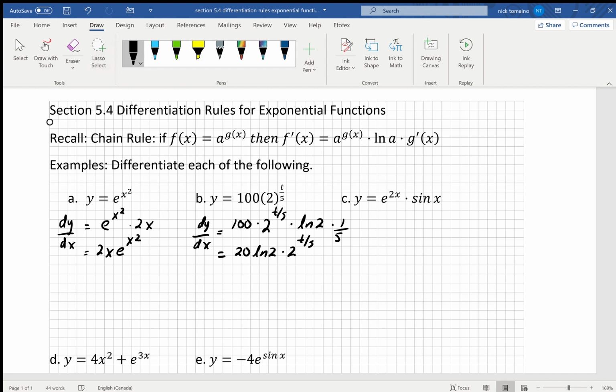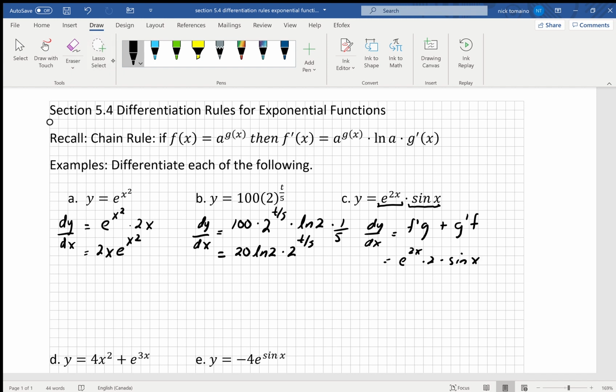And that's a good final answer in exact form. Okay, and next one, notice here we have the product of two functions. So the derivative is equal to f prime g plus g prime f. So what we have here is the derivative of f, which is e to the 2x times 2, times g, which is sine x.